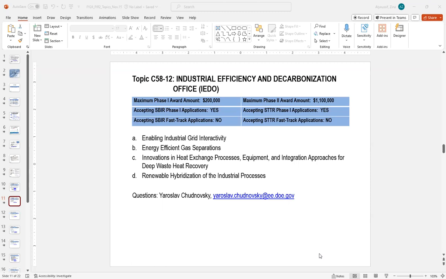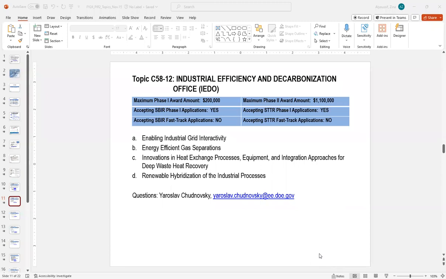Wide range. We give a number of examples in the topic description. Separation of air into raw components, separation of helium from natural gas, separation of water from air, but any gases that would be impactful and relevant to industrial processes would benefit from this type of technology.